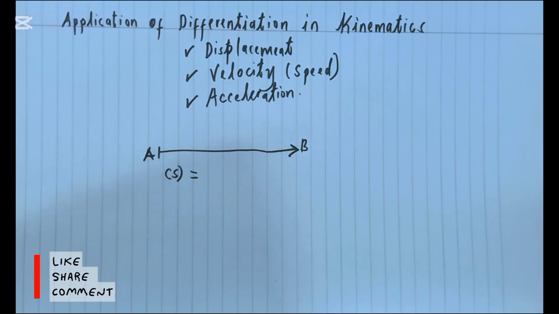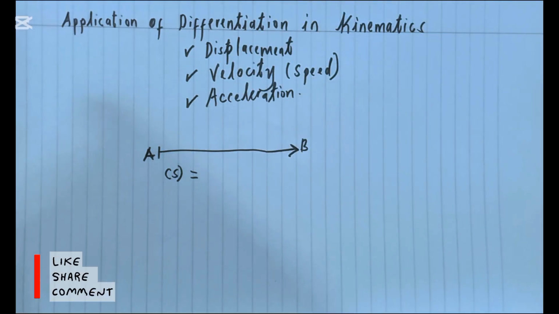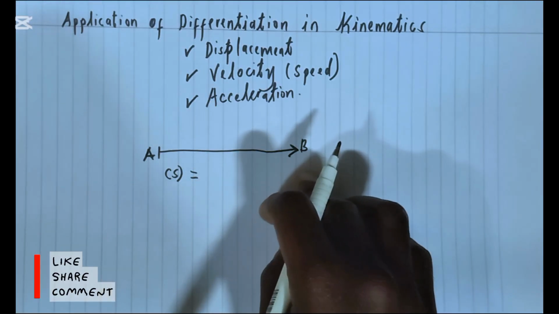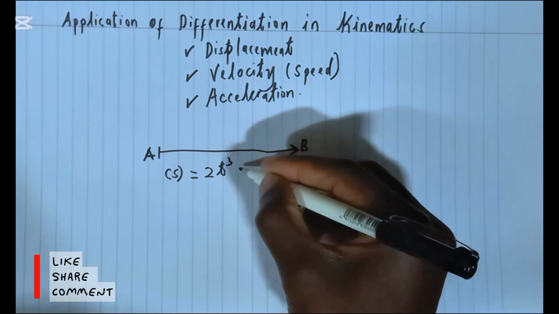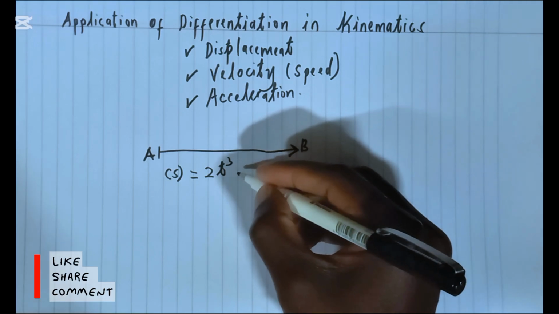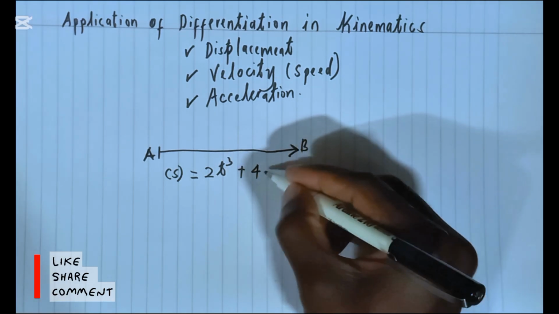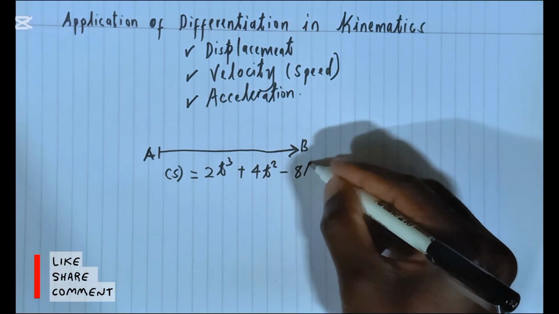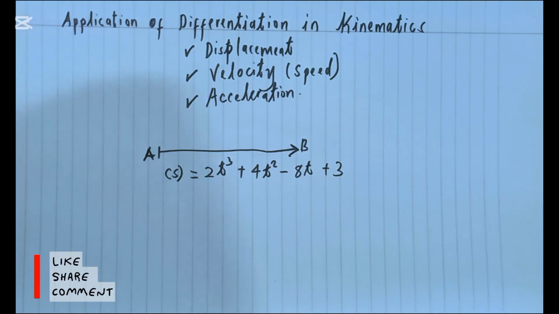So an example of a function describing displacement would be the function s equals 2t cubed, where t is a variable that describes time, plus 4t squared, minus 8t plus 3.